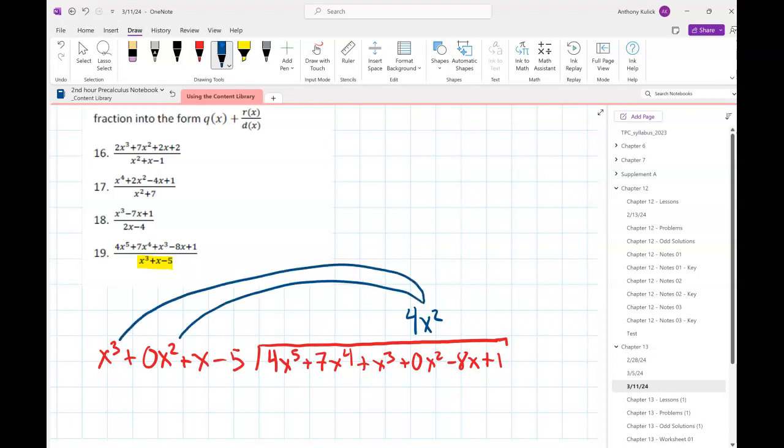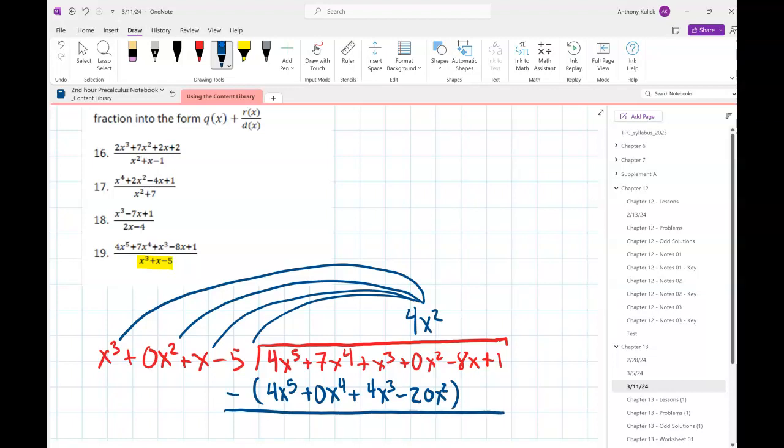So that it's on top of the other x squareds. That's usually all I'm trying to do, just make sure everything lines up nice. Okay, so now I multiply that to everything in the divisor. I write it underneath, and then I'm going to subtract down.